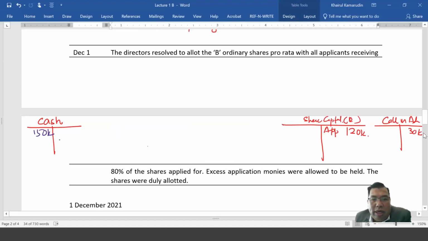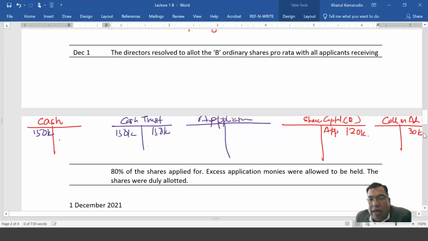So you have to do it step by step. We have cash trust, and we also have application. For cash trust, we have 150 and then we close 150. For application, we received 150, 120 goes to the share capital, and the other 30 goes to the call in advance.